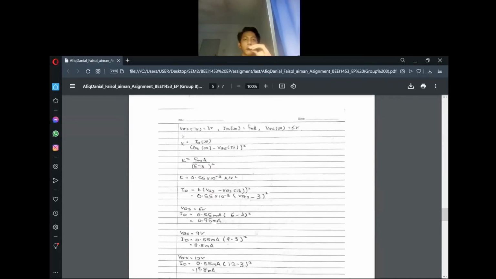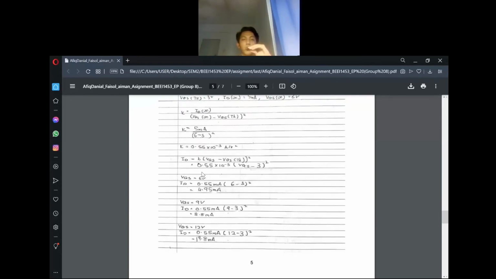First step is we must solve this K. K equal to ID on divided by open bracket VGS on minus VGS TH close bracket power of 2. We solve it and get 0.55 milliampere. The formula to find ID is ID equal to K open bracket VGS minus VGS TH close bracket power of 2.